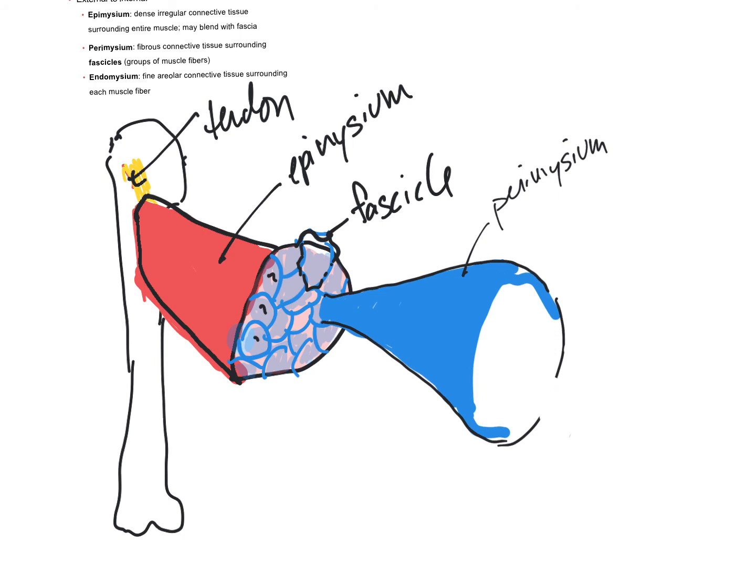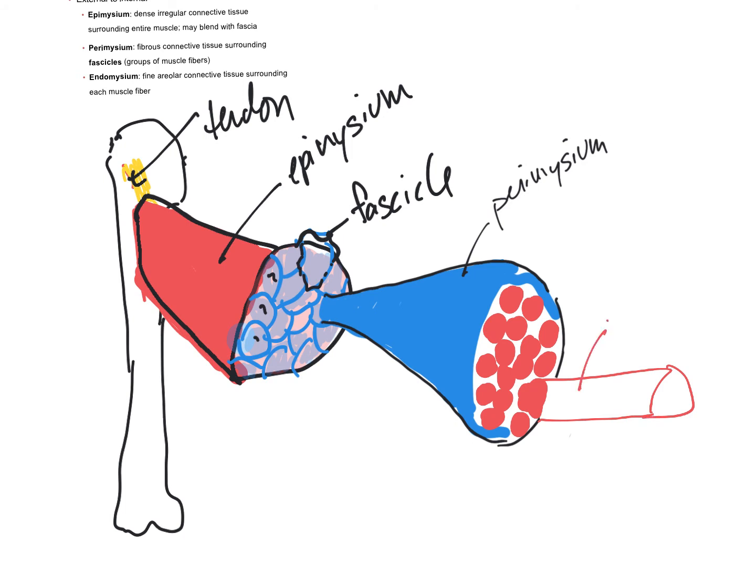Now on the inside of this are individual muscle cells. This is an individual muscle cell. This is a myofiber, and each one of these is a myofiber.